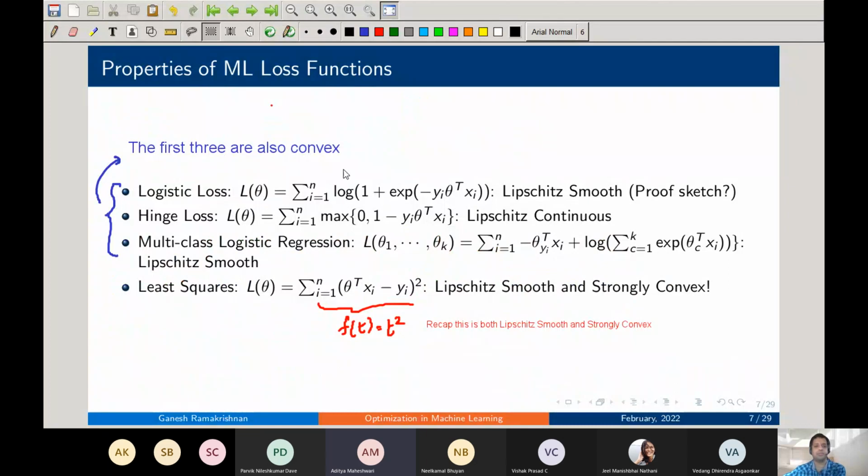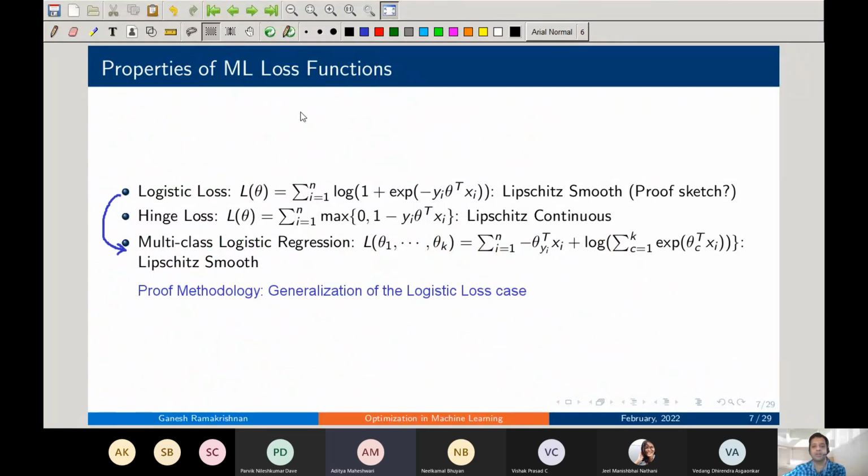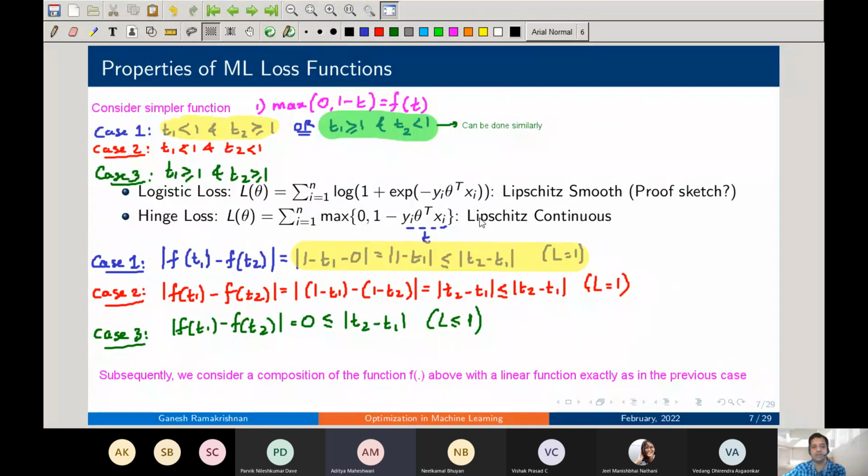Let me make this point. We won't expect smoothness, which basically amounts to differentiability of its gradient almost everywhere.